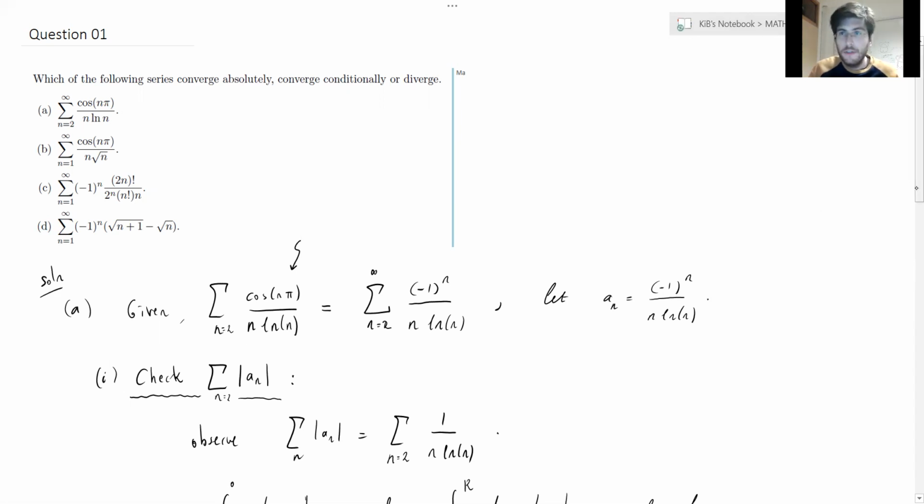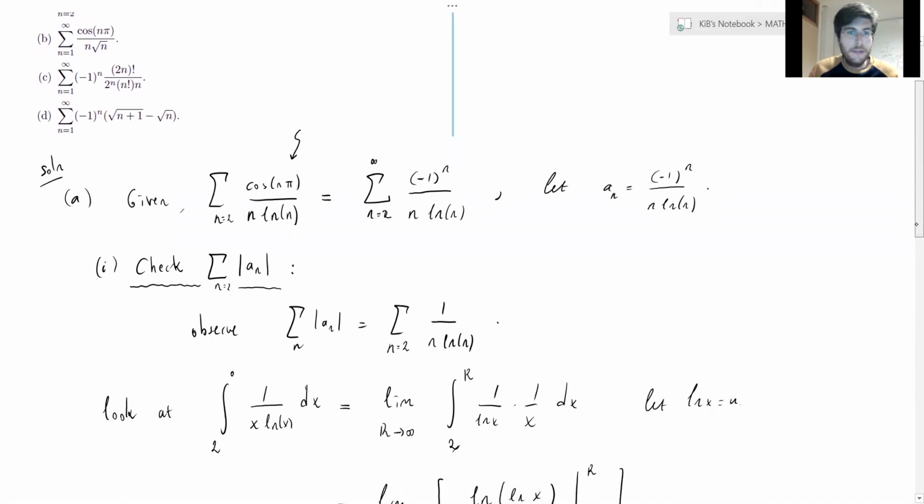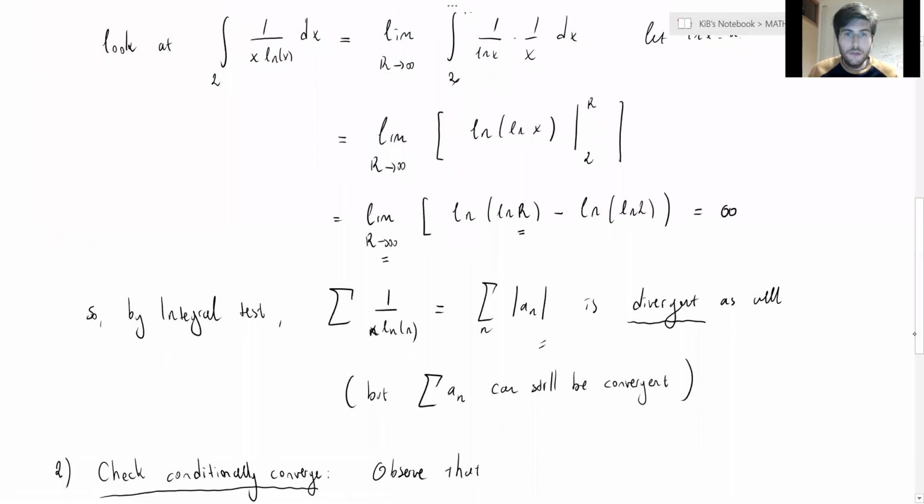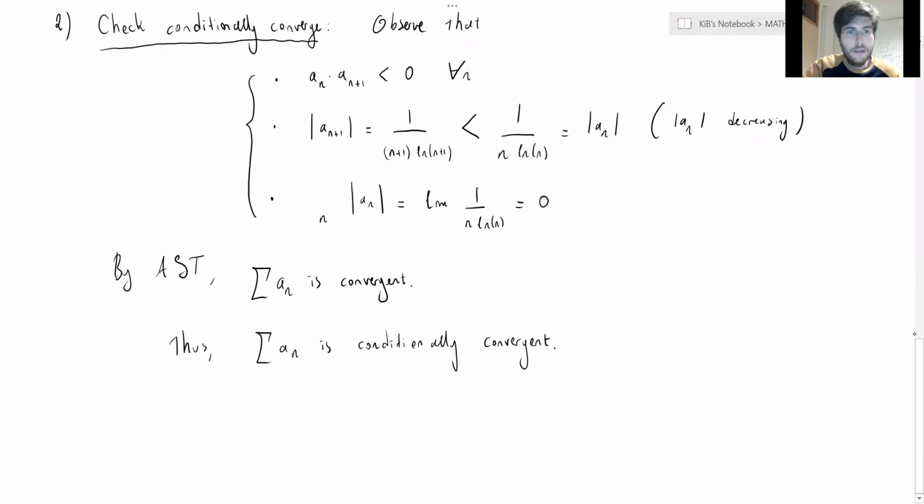This is the first thing we checked. And then we see that this is not absolutely convergent, but by using the alternating series test, or some other technique if you like, we show that the series itself is convergent, but not absolutely convergent.